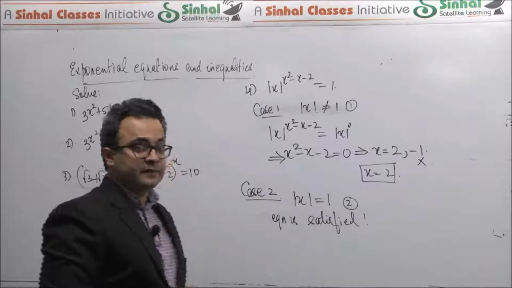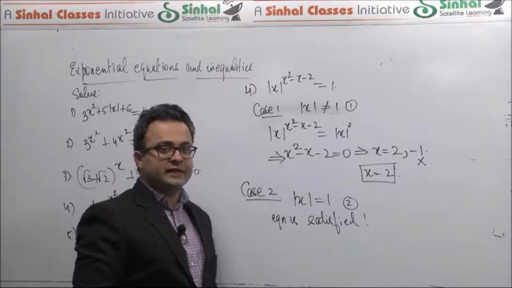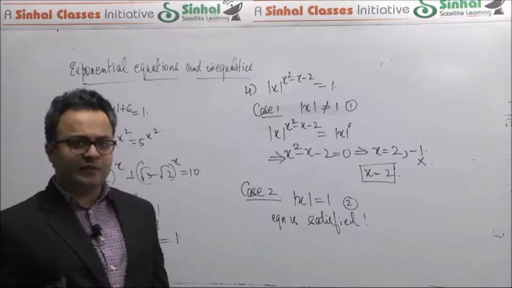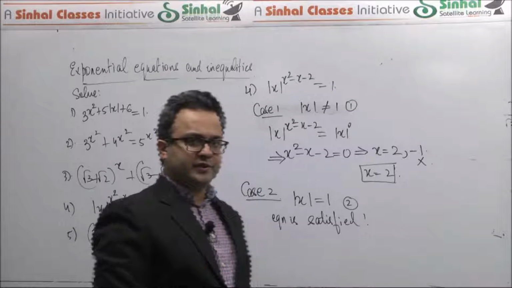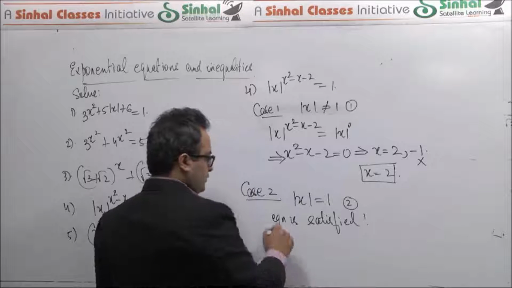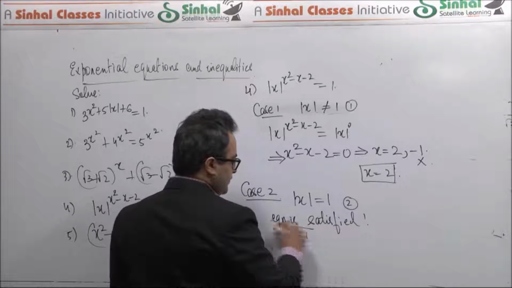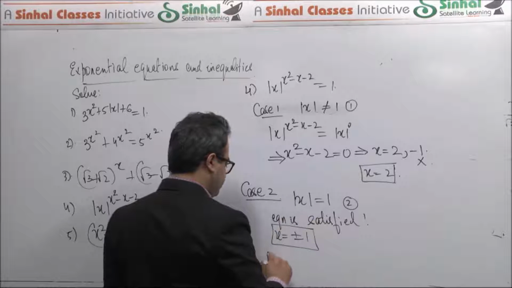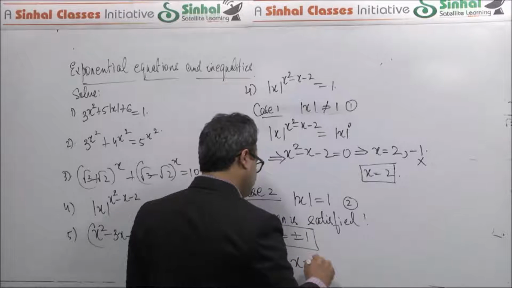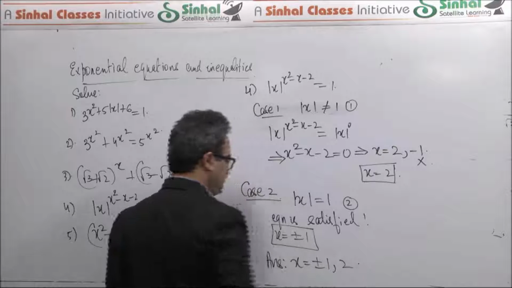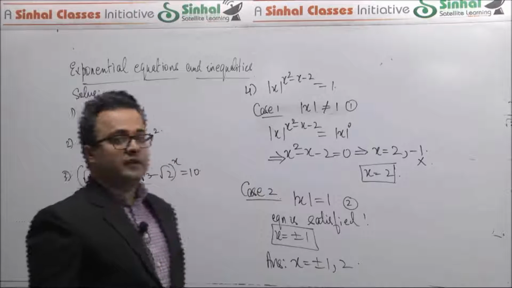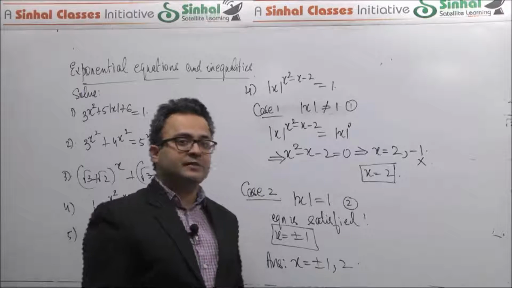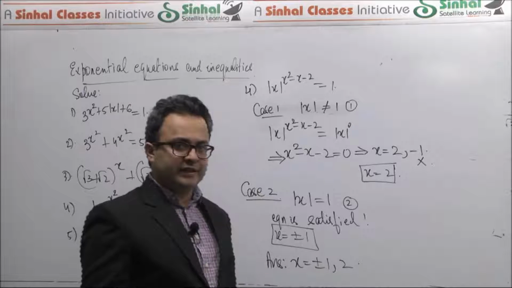So the values of x for which mod of x is equal to 1, that is plus and minus 1, both of these values will have to be included in your solution set. So these are again two solutions. So in this case, the final answer will actually be plus, minus 1 and 2. So there are three solutions.